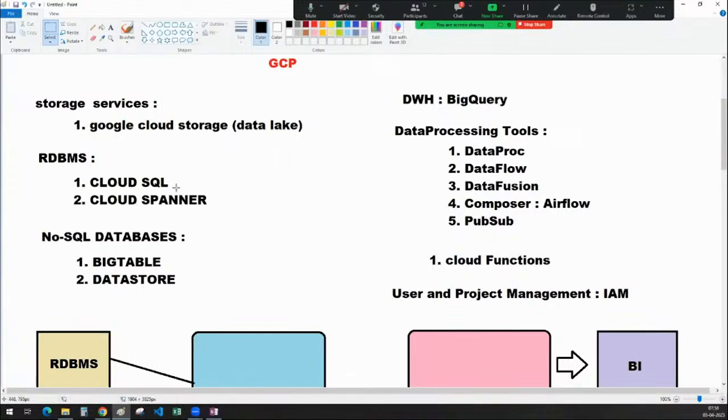We have Cloud SQL, Cloud Spanner SQL, BigQuery SQL, and even in Dataproc, if I want to work with PySpark, I'd be using Python plus SQL plus Spark. Then Dataflow SQL, Data Fusion is a no-code tool, and Cloud Composer is Python. So this is how it is, guys.